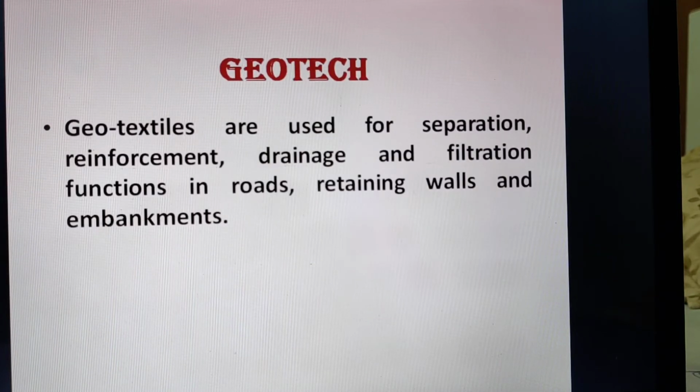Geotextiles are used basically for functions like separation between two materials like soil and aggregate, or soil and boulders, or soft soil and hard soil or rocky materials; reinforcement as a function; drainage as a function; and filtration in roads, retaining walls, embankments, etc. Drainage means in-plane water flow, and filtration means vertical flow.